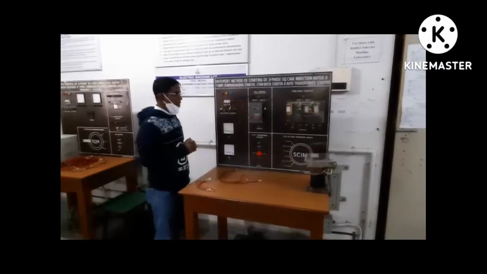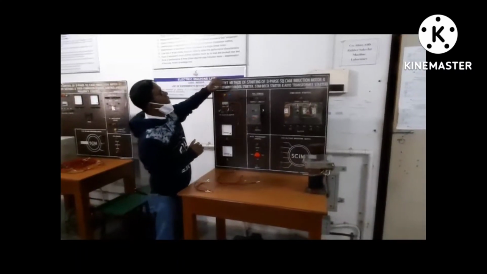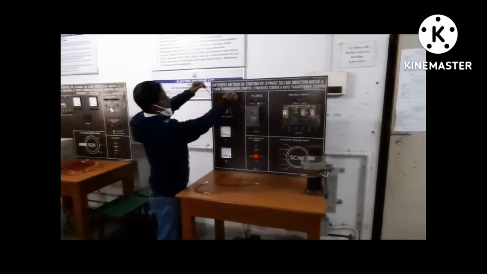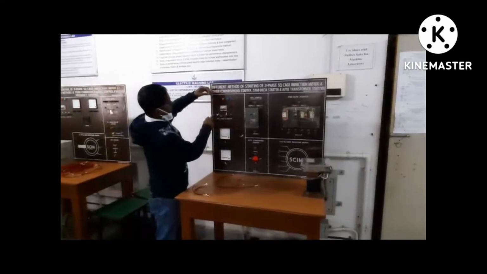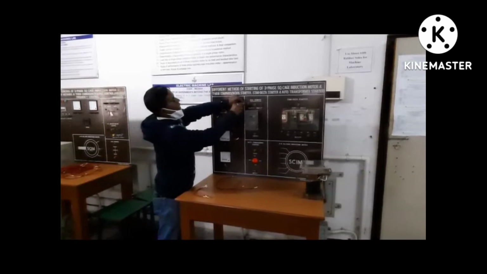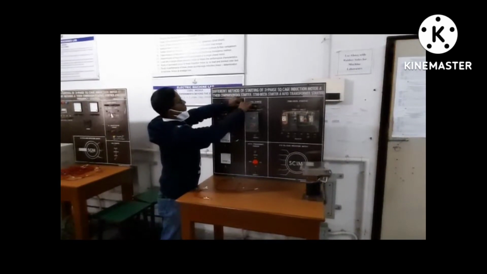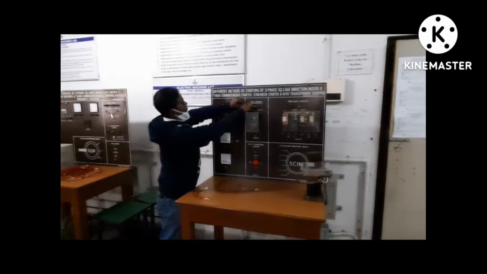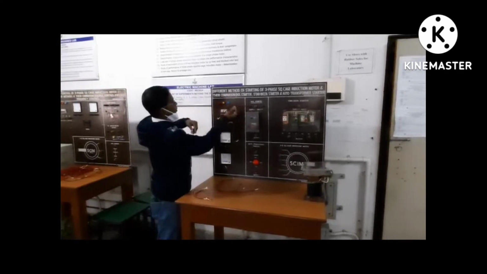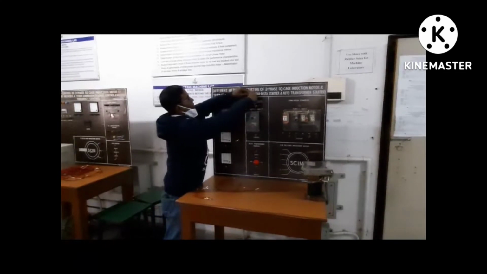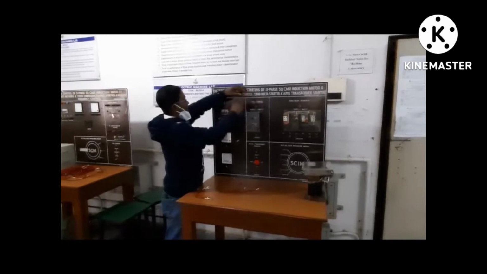Now just connect the DOL type starter. First, these are the 3 phases: R, Y, B. I connect the red one to the red phase, Y phase to the Y phase, and B phase to the B phase.